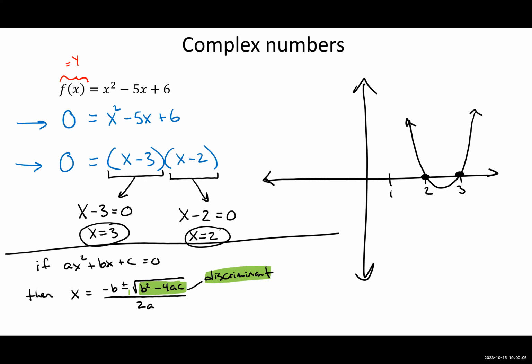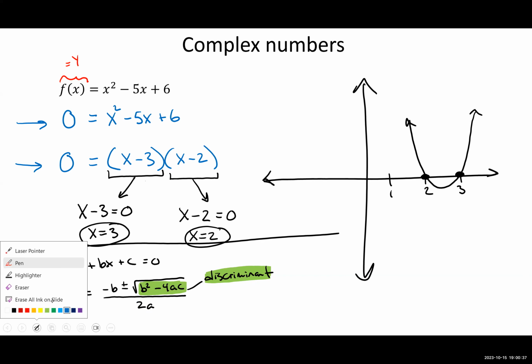If this is positive, then you're going to get a plus and a minus. And if b squared minus 4ac is negative, then you get a negative under the square root. In that case, no solutions, well, no solutions if we're only talking about real numbers. So this has all been review of a handful of my previous videos.